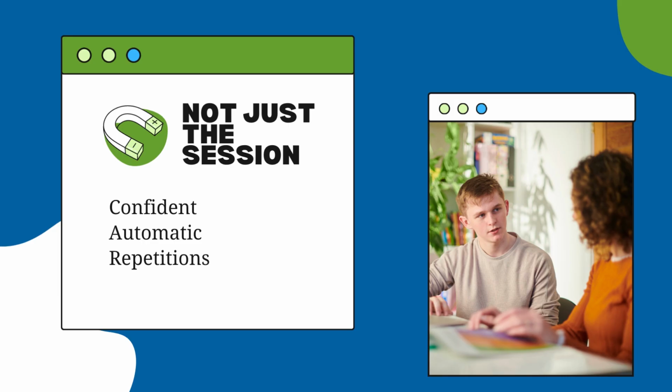Your SLP will ask you to practice outside of the therapy session, and there are a couple reasons for that. One, to get to the highest step and use clear speech confidently and automatically, you may need to change the topics of conversation, people you're speaking with, and situations you're speaking in. The other is for repetitions.